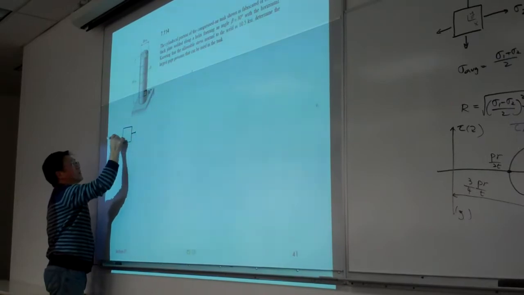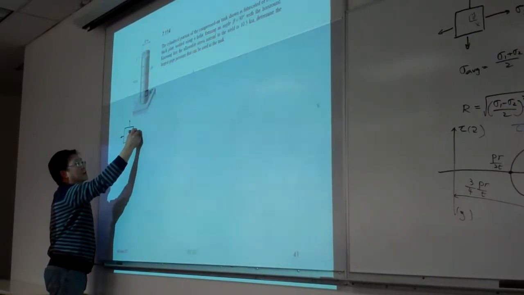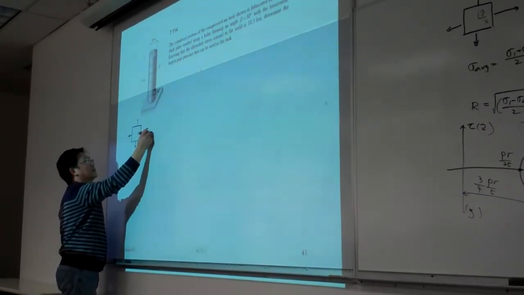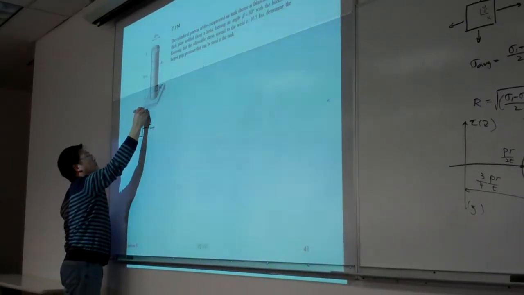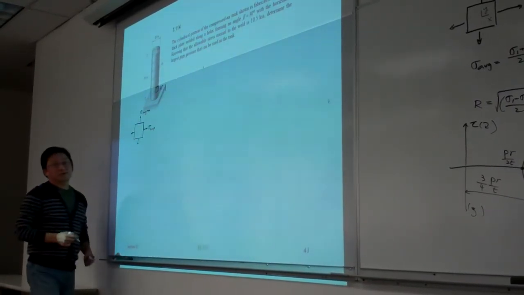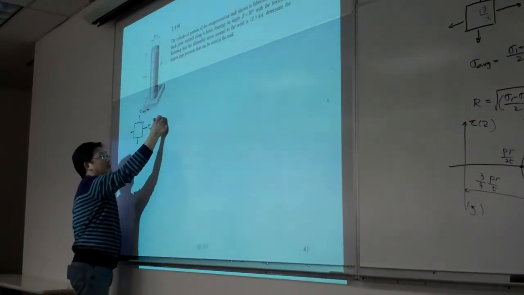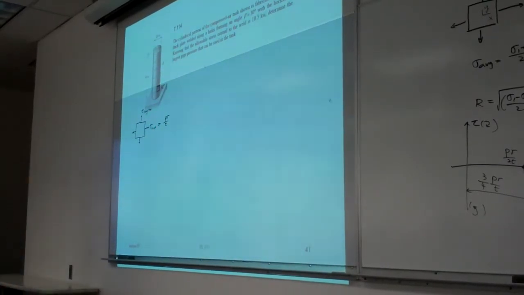And in terms of our formula, here is the hoop stress, right? And here is our longitudinal stress. And if your memory is good enough, then you should know this is PR over T, hopefully. Let me go to the previous page.